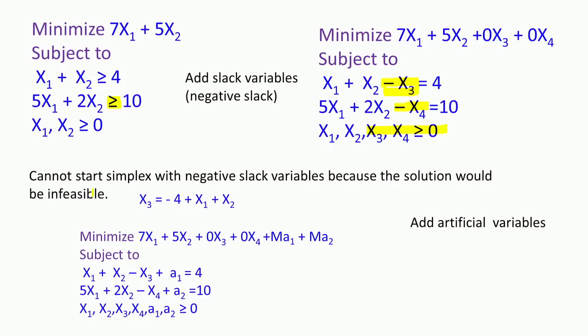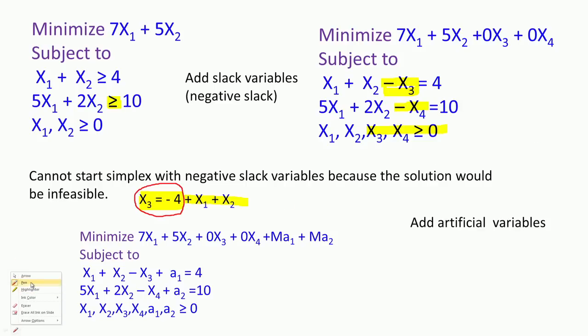Now, we try to start with x3 and x4 as the basic variables, and if we take the first equation and write it in terms of x3, we realize that if x1, x2 are non-basic and at 0, x3 takes a negative value, so x3 becomes equal to minus 4.